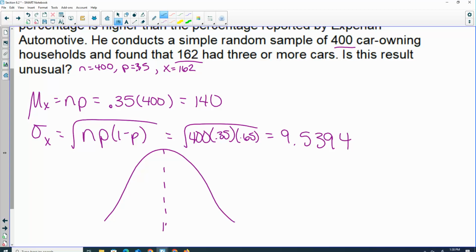So if we think about this, 140 is the mean. We said if it's bigger than 2 standard deviations away, then it would be unusual, right? So if I do my mean plus two standard deviations, so 140 plus my 9.5394 times 2.